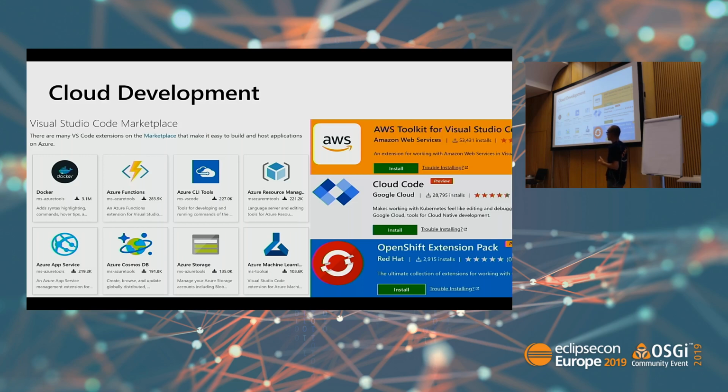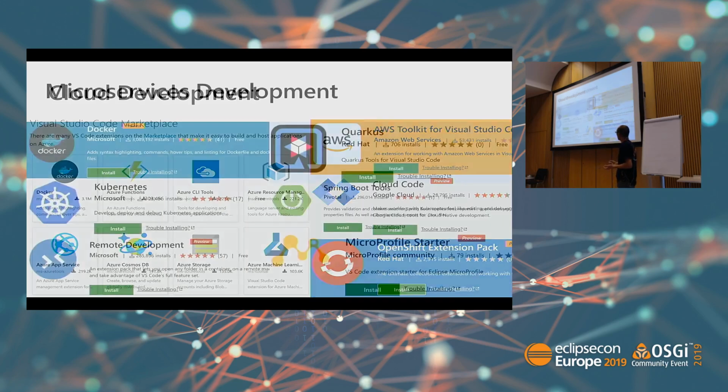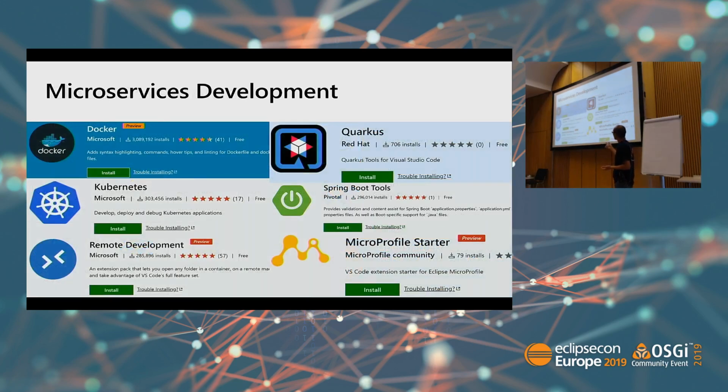Amazon, Google, and OpenShift have their own extensions as well. Those can probably help you be more productive in your cloud development. The next one is the microservice stuff, right? You have the Docker extension, the Kubernetes extension, and different microservice frameworks have their own extensions developed for VS Code, helping you use VS Code along with those frameworks and tools all together.